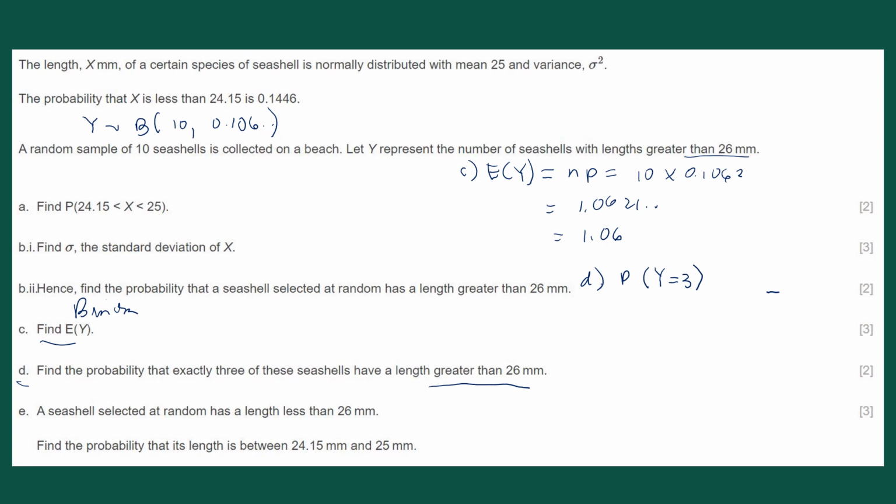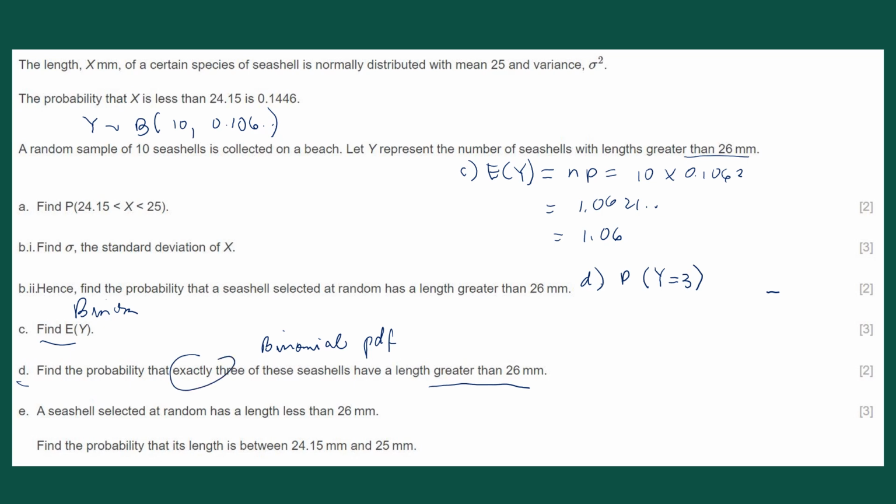So y, the number of seashells, is exactly 3. Are we using normal or binomial? It's binomial. So if it's binomial, are we using PDF or CDF? We are using PDF with the word exactly.